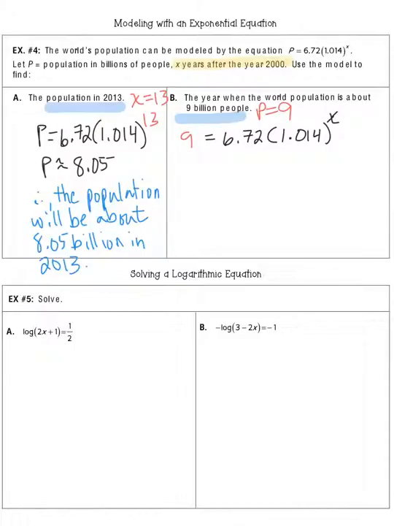So in order to solve this, before we can even put this into log form, you have to have the exponent part, or the base in the exponent, that exponential model part by itself. So we have to divide out the 6.72. So I'm going to divide this side by 6.72 and this side by 6.72.